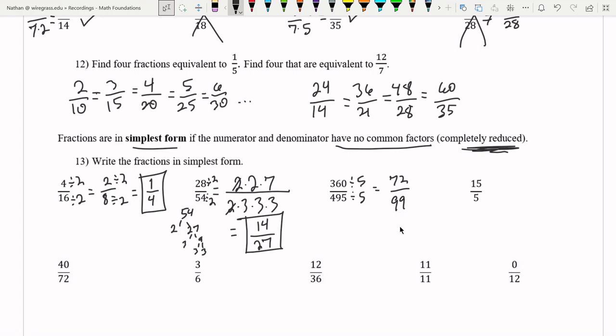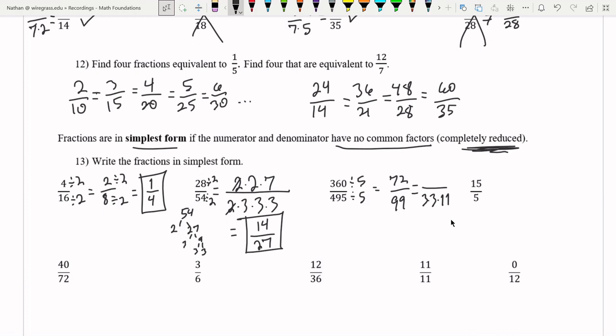Okay, 99, this one's actually quite easy, because this is going to be 9 times 11. Those are always easy to see for between 1 and 100, because it's always going to be 11, 22, 33, 44. So I know this has 9 and 11, and 9 is 3 and 3. So I know the prime factorization of that is going to be 3 times 3 times 11.